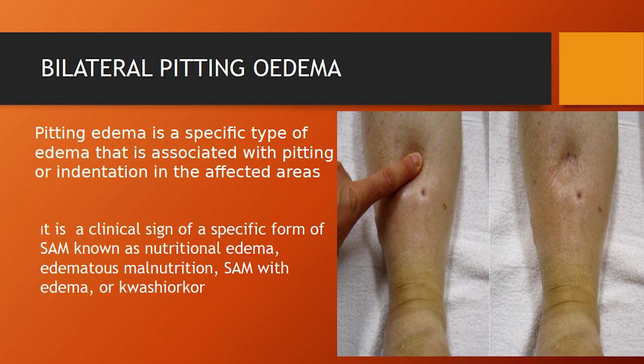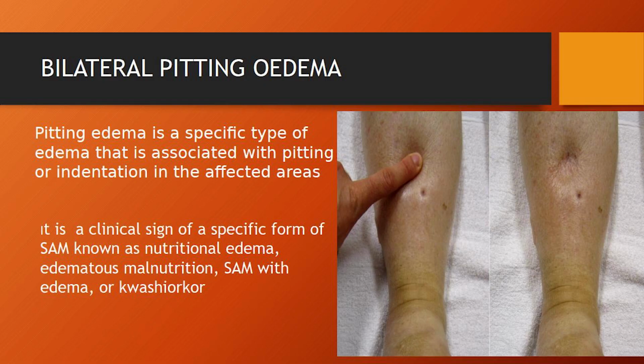Coming to the last index which can be used, bilateral pitting edema. What is that? It is a clinical sign. One has to keep in mind that bilateral pitting edema can be seen in other medical conditions, but when you see bilateral pitting edema, it has to be considered only under nutritional edema or edematous malnutrition, or SAM with edema, or kwashiorkor.